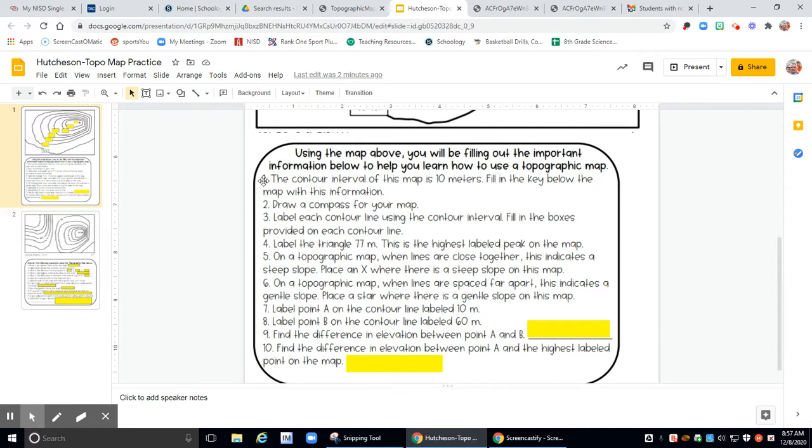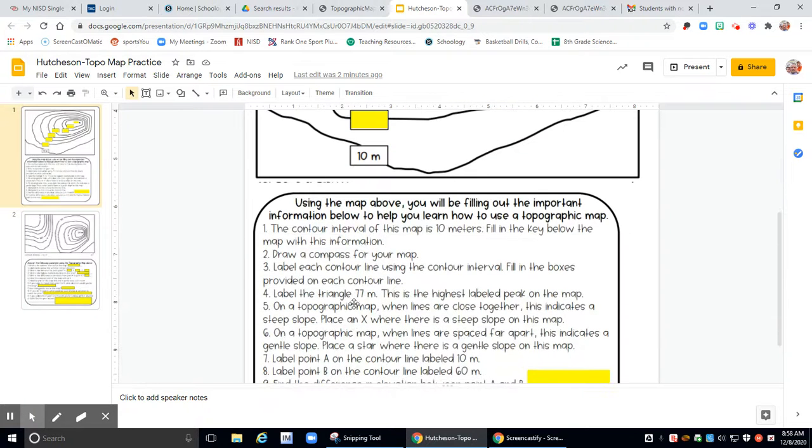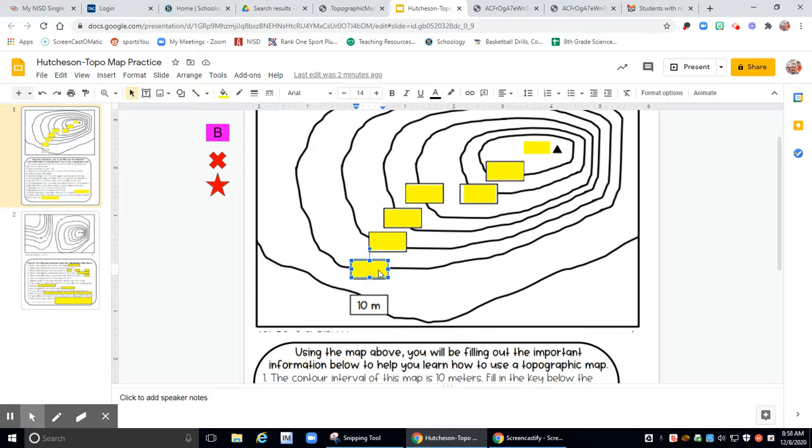So it says here that number one says the contour interval of this map is 10 meters. And remember, that's how much the elevation changes from one line to the next line. So if they've given us this first line here is 10 and the contour interval is 10, so this line is going to be 20 meters. This line here would be 30 meters.